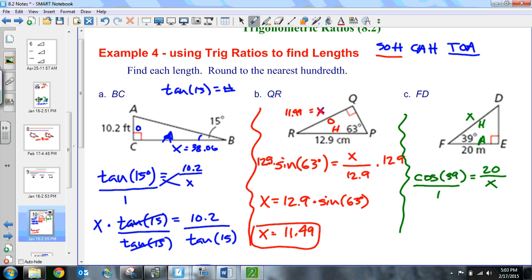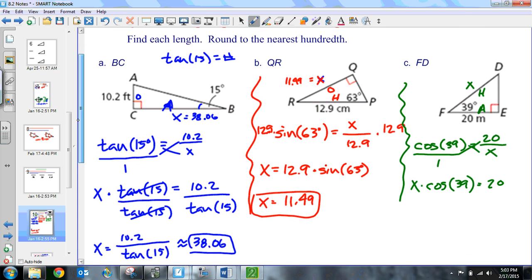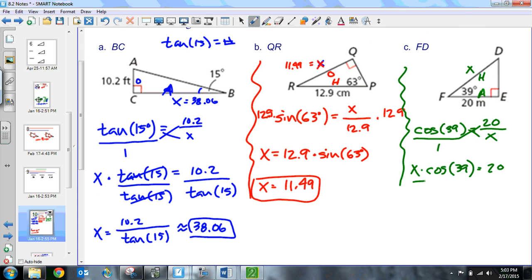So I'm going to put that over 1. I'm going to cross multiply, and so I get x times cosine of 39 degrees is equal to 20 times 1. Now if I divide both sides by cosine of 39 degrees, then I get that x is equal to 20 divided by cosine of 39 degrees.